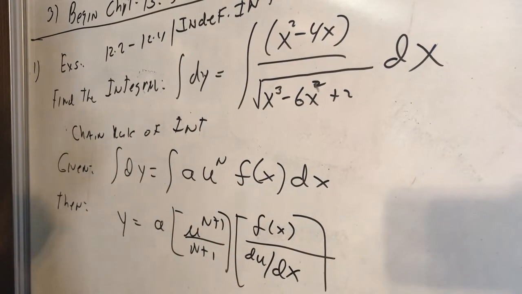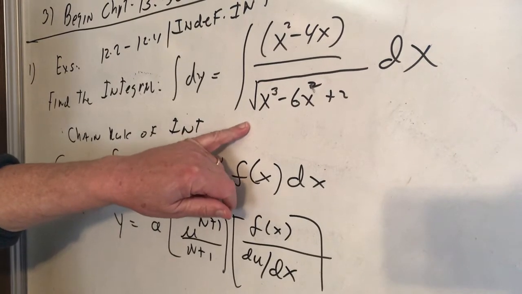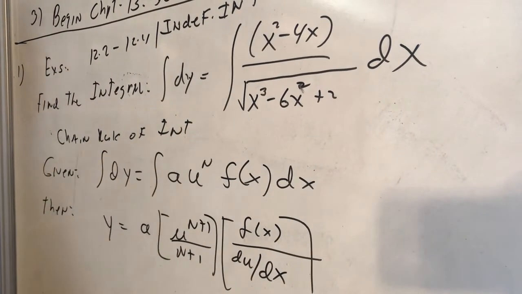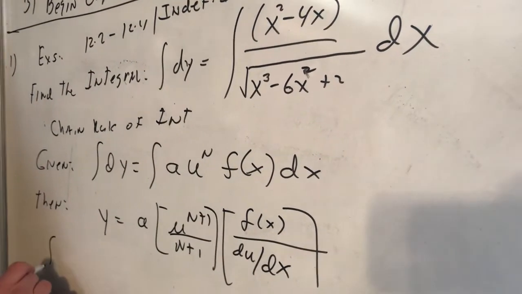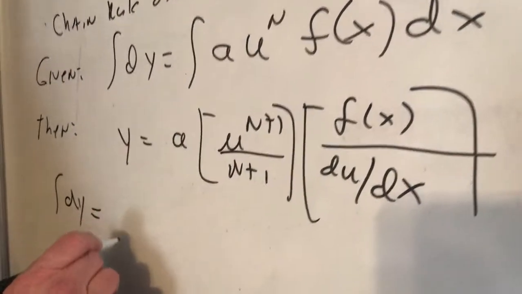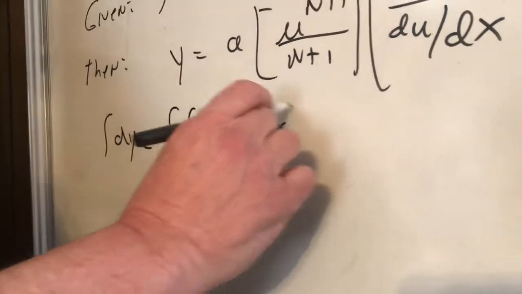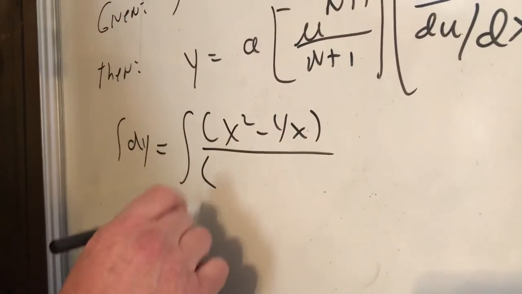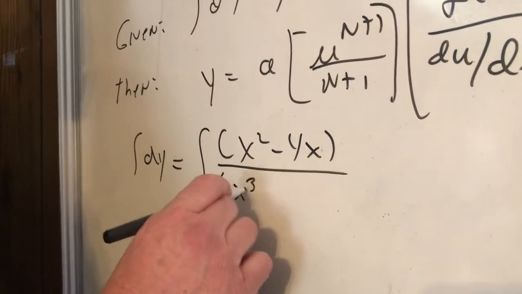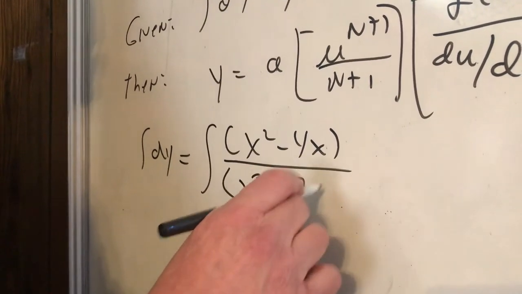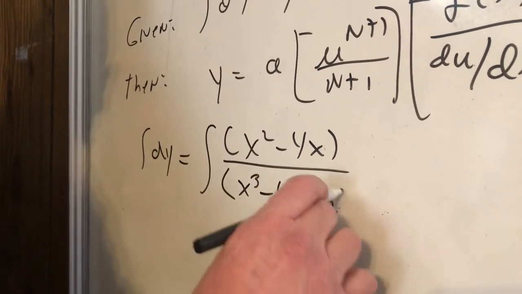Now, we cannot handle a square root, so I'm going to change this to the integral of dy equal to the integral of x squared minus 4x divided by x third minus 6x squared plus 2 to the 1/2.